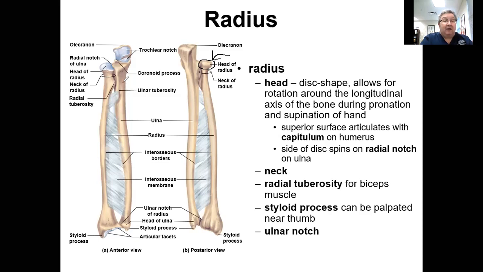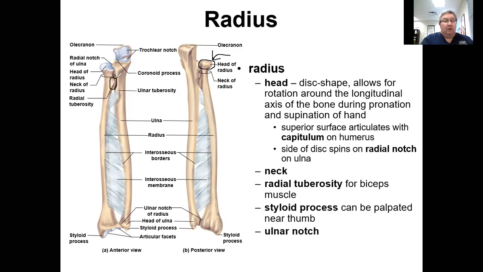On the side here, on the medial side, there's a tuberosity or a bony area that stands out. And that bony area is known as the radial tuberosity. It's at the radial tuberosity where the biceps brachii inserts.